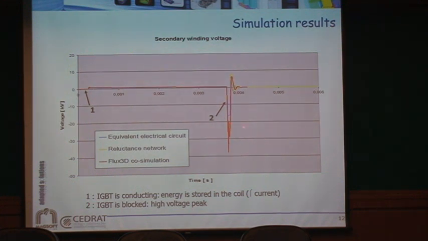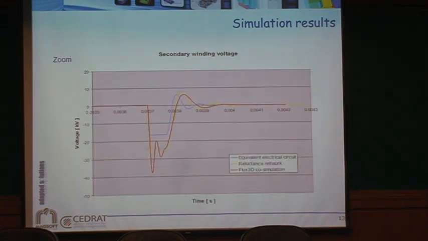Now we need to see what the difference is between the reluctance network and flux to see if one is better than the other. And so if I do a little zooming inside there, the scale is different, you can see this is the equivalent circuit, this is the reluctance, and this is flux. So now it's a call you make. What's more important?